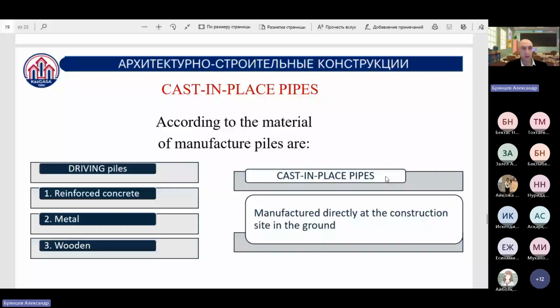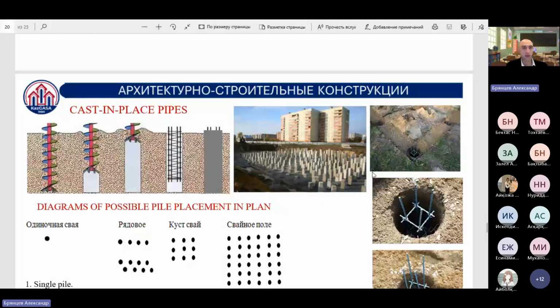Next one, cast in place piles. So again the boreholes need to be drilled, then the reinforcement is installed, and again it's concreted on site.